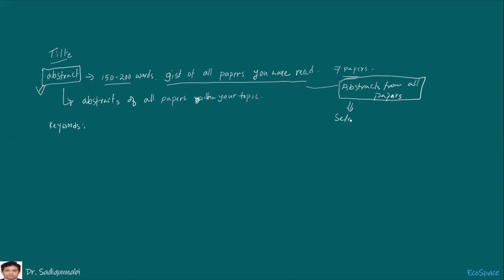Journal articles have some keywords after the abstract, so you must select them. Select some keywords and then put them here. Not more than 5 keywords.